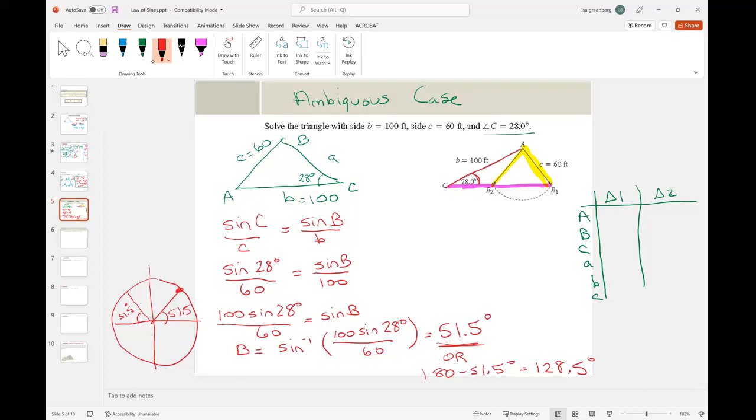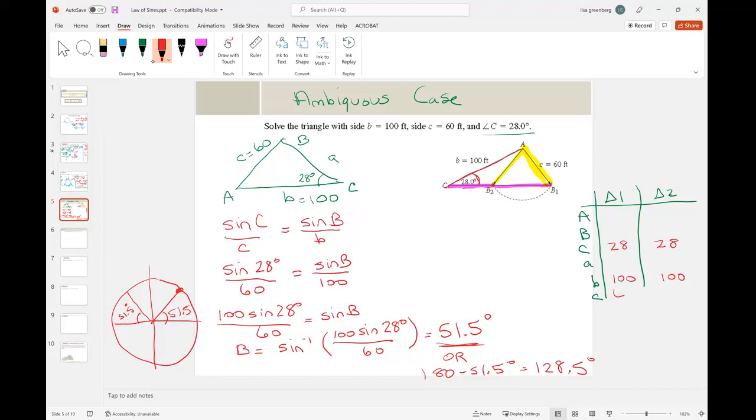So first, I always put in what's given. Am I given A? Nope. I'm not given B, but I am given C equals 28 degrees, which I can't change. I'm also given that side B equals 100, and that can't change.